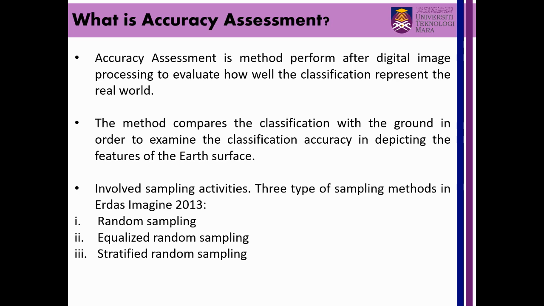What is accuracy assessment? Accuracy assessment is a method performed after digital image processing to evaluate how well the classification represents the real world, or how accurate your classification image is. In previous lab tasks, you already did the supervised classification with several types of classifier and decision rule, for example, maximum likelihood, minimum distance, and many more.